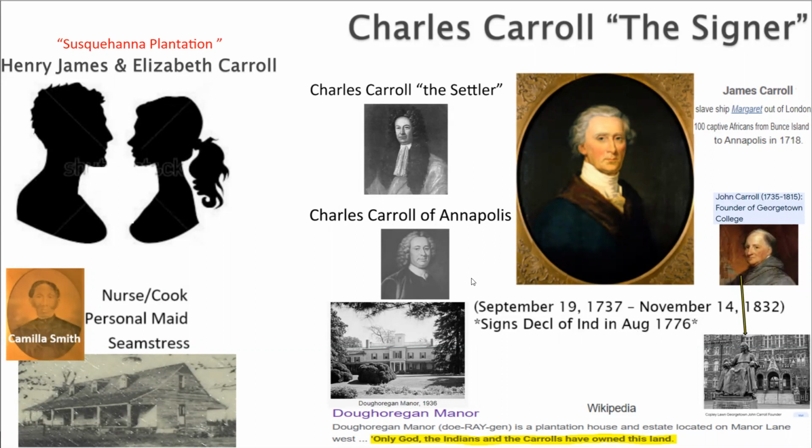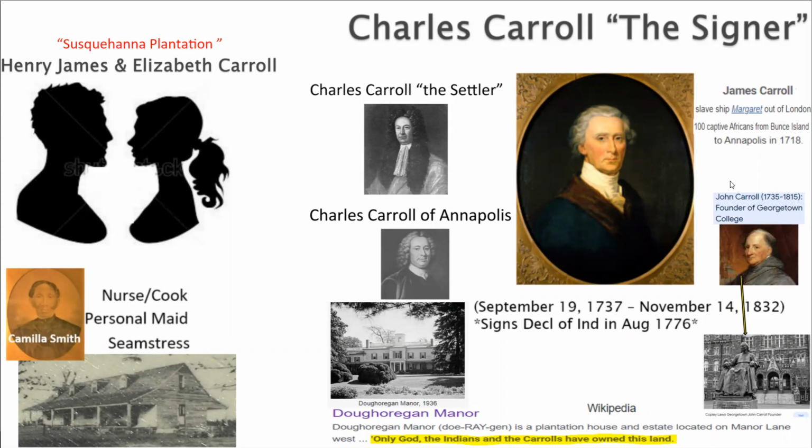His father was Charles Carroll of Annapolis, whose father was Charles Carroll, the settler, who came from Europe originally in the 1600s to the colonies in Maryland. So these Carrolls have a long history. Many of them are known for many things. James Carroll commissioned a ship called the Margaret, and he brought 100 Africans from Sierra Leone to the Annapolis area in Maryland in 1718.